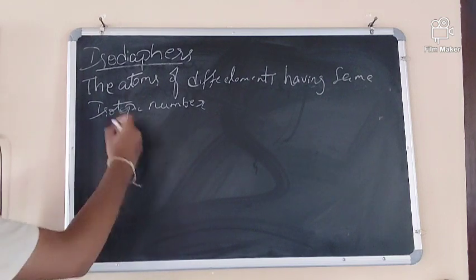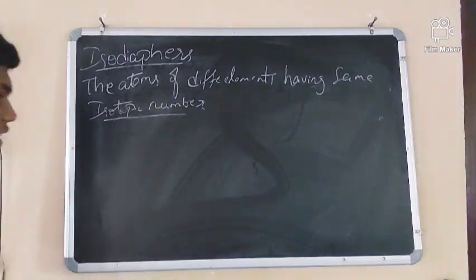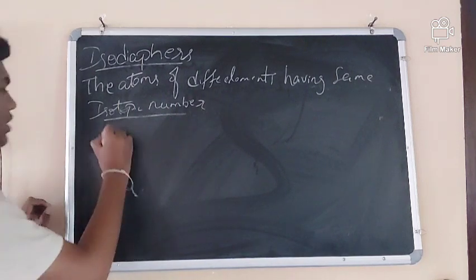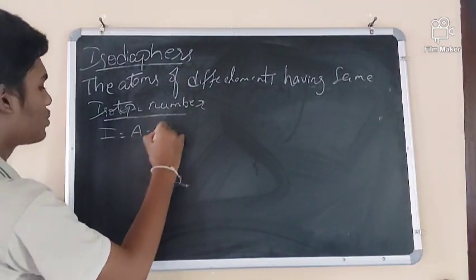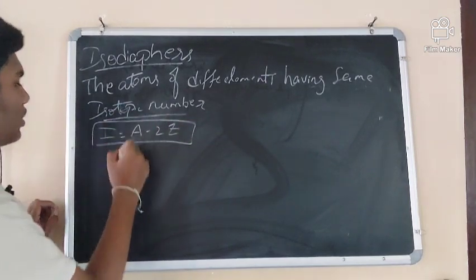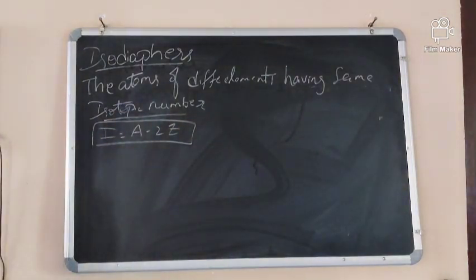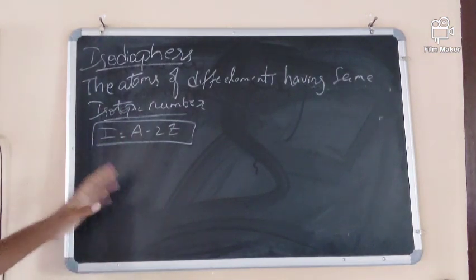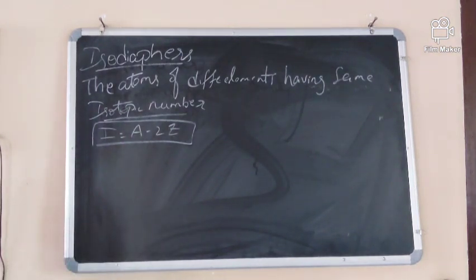So what is this isotopic number? There is one formula to calculate the isotopic number. Isotopic number I is equal to A minus 2Z, that is, atomic mass minus 2 into atomic number.